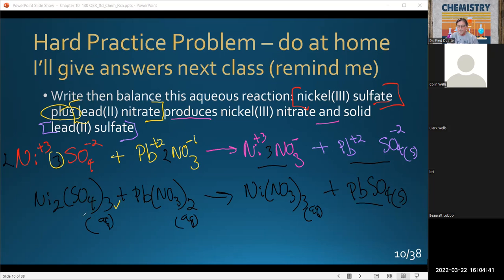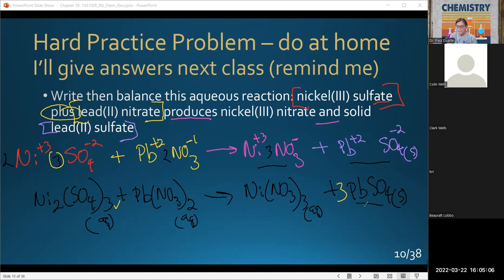We have 3 sulfates on the reactant side. On the product side, we only have 1. So what if we put a 3 in front of lead sulfate? That will balance out the sulfates. So the sulfates are all taken care of. I have 3 there, and I'm going to have 3 here as lead sulfate.